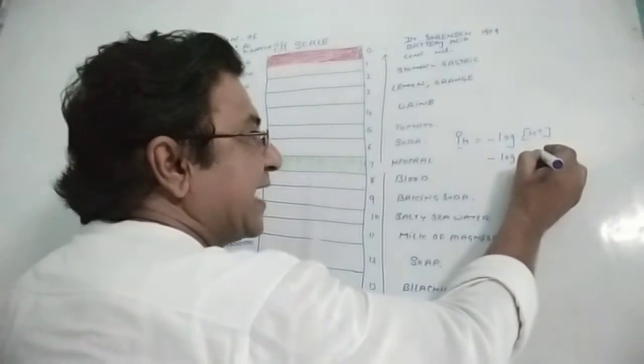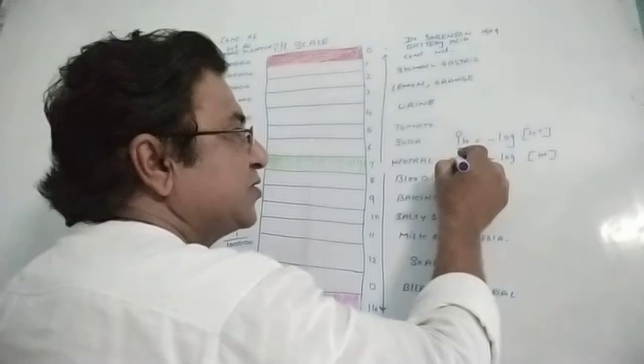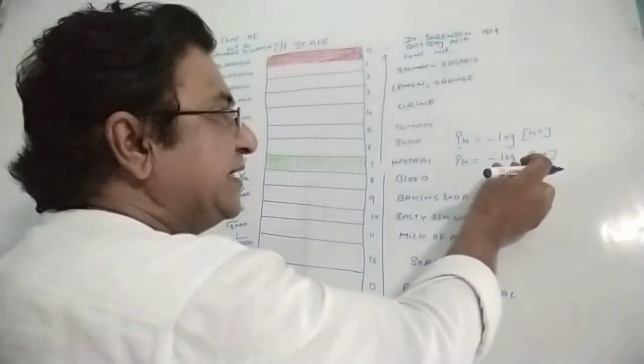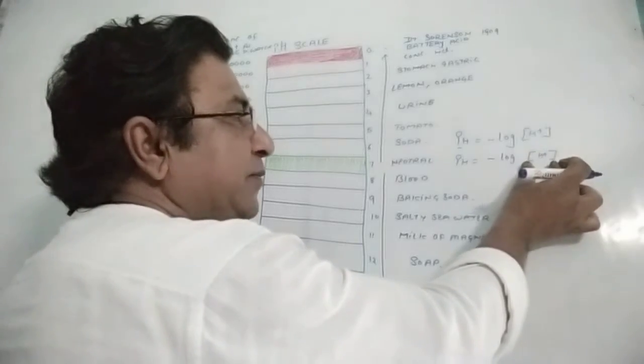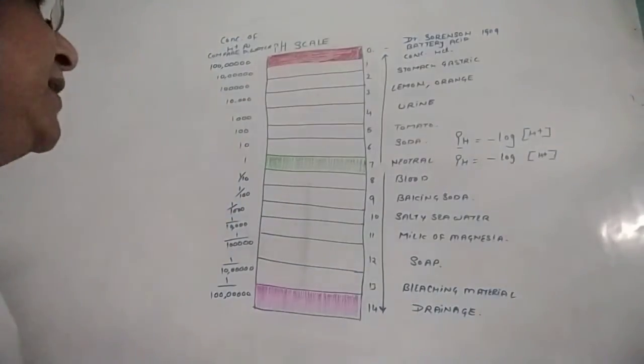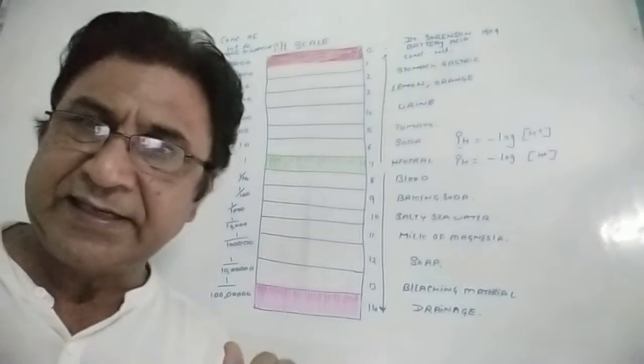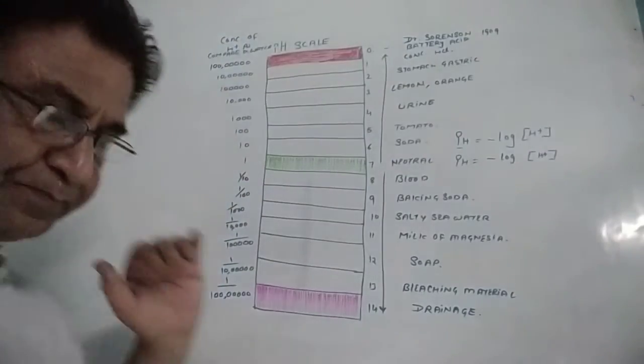So if I place H plus ions, it tells the concentration of H plus ions. Log is a table, the box is concentration, and it is expressing the H plus ion concentration. Remember this pH scale, a few examples, and how the H plus ion concentration decreases and increases as we move up and down.